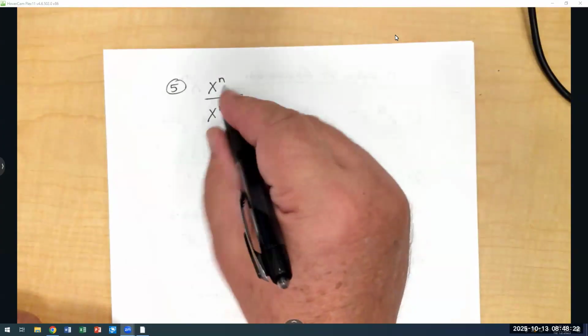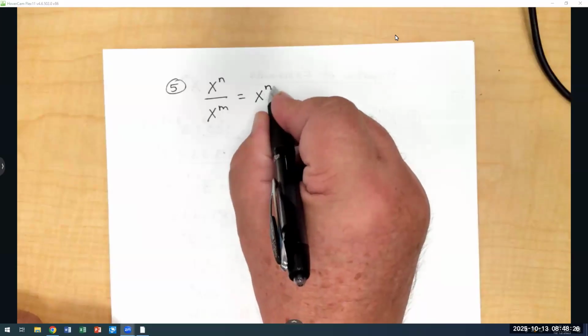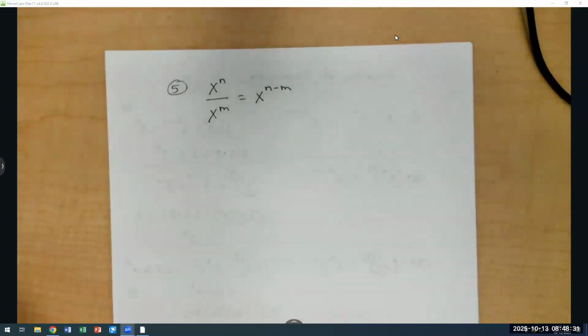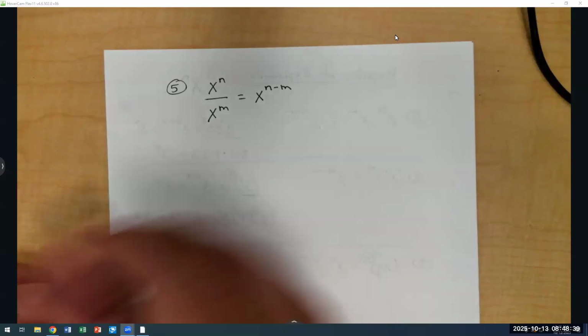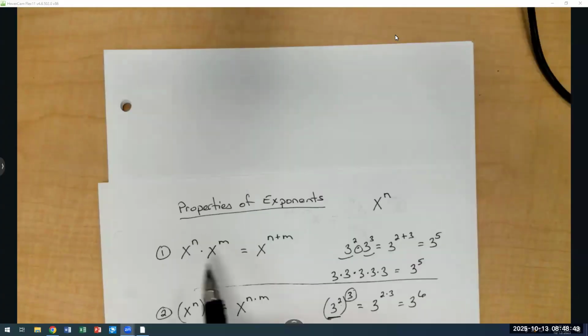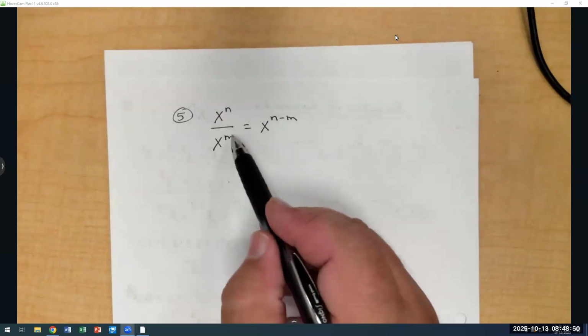What this one tells us, since the same base is top and bottom, I subtract the exponents. Why would I subtract them? Remember earlier when we had the same bases and we multiplied them, we added them. Why is it now when we have the same bases and we divide them, we subtract?